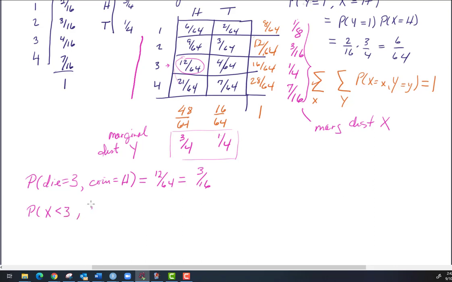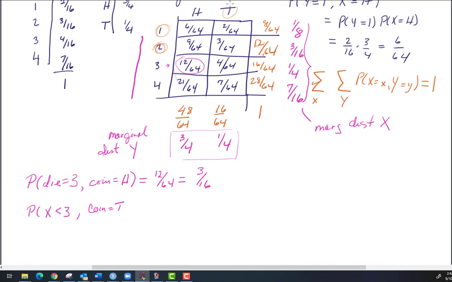One more: the probability that the die is less than 3 and the coin equals tails. If the die is less than 3, it has to be either 2 or 1.